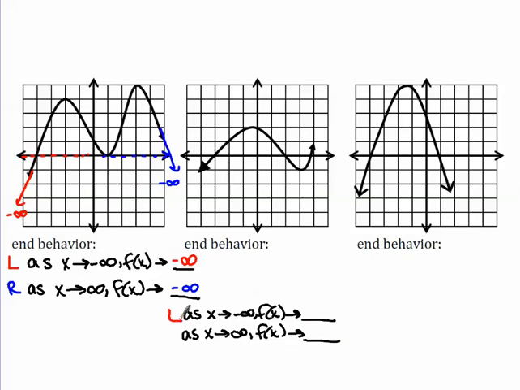So on the left side of my graph, as I go to the left, we're going down, so that is approaching negative infinity. On the right side of the graph, we're going up. So we're going to say that we're approaching positive infinity, or just infinity.